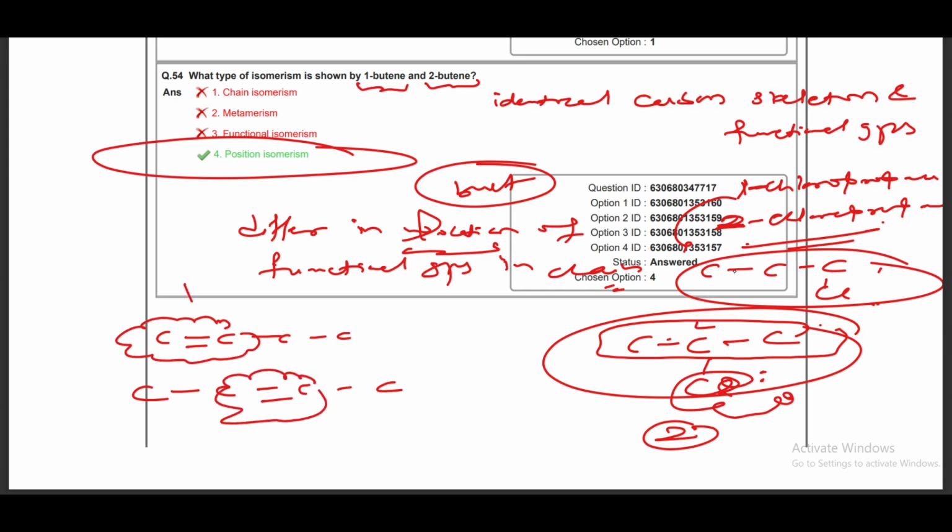That is why both are position isomers. Clear? When the position of a functional group on a particular carbon chain is changed, we say it is position isomerism. So the correct answer is the fourth option.